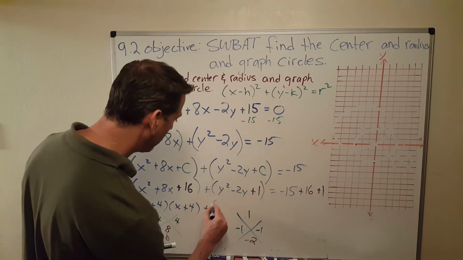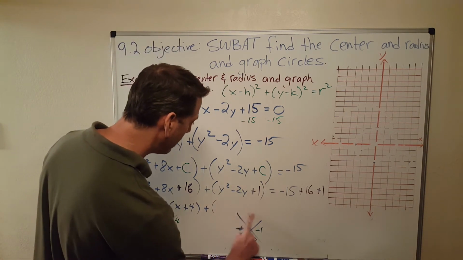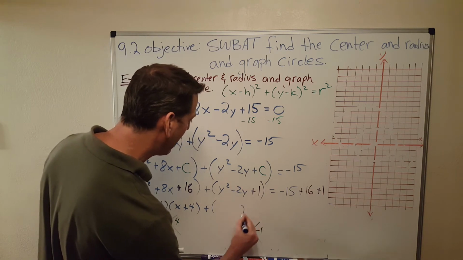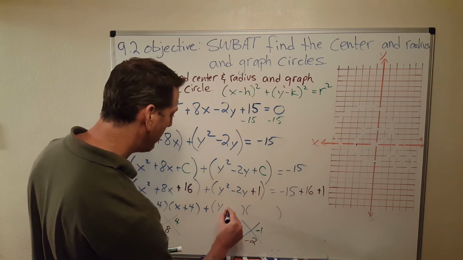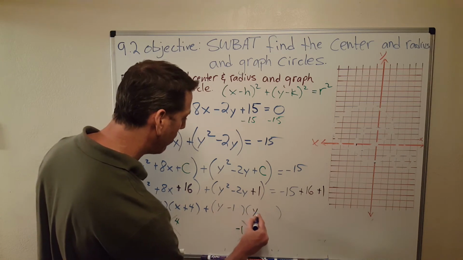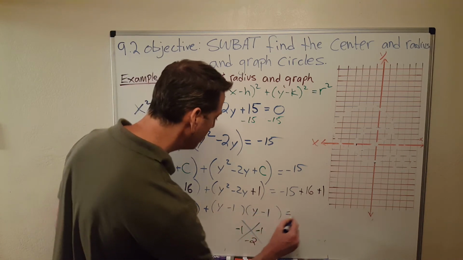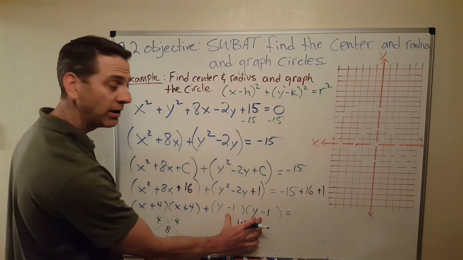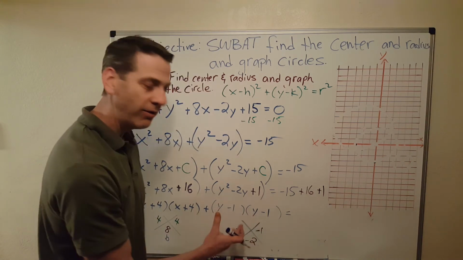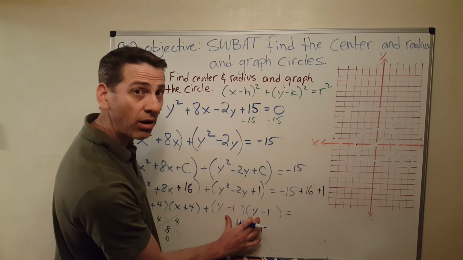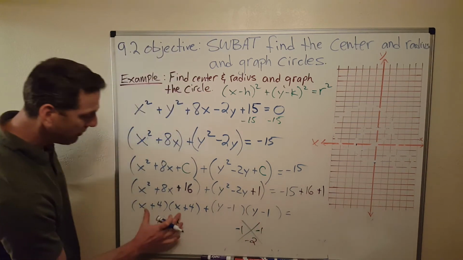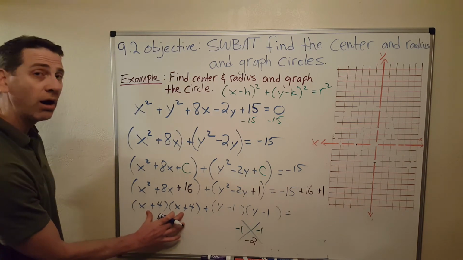So I'm going to go ahead and put that into my factored form. So I get y minus 1 and y minus 1. You see how that's a perfect square? Because if this was area, length times width, my length and my width are identical. Same over here. My length and my width are identical.